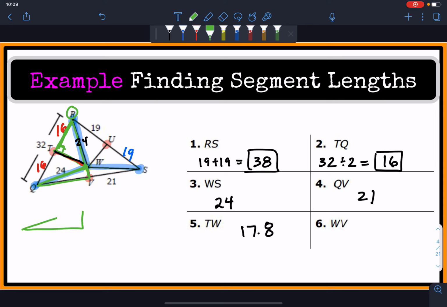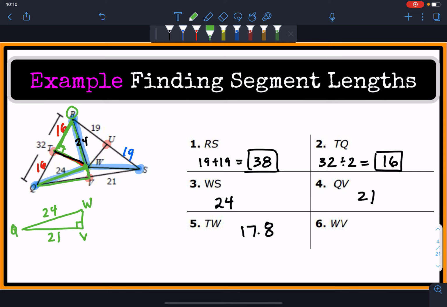It's easier to see that we have this right triangle here, where we have V, we have W, and we have Q. Again, this diagonal side is going to be 24 like it was last time. However, this time, our base, which is from Q to V, is also going to be 21. You could also use this one, again, as the same triangle as what I draw right here. Your diagonal side is going to be 24. So if you use S instead of Q, it is the exact same thing.